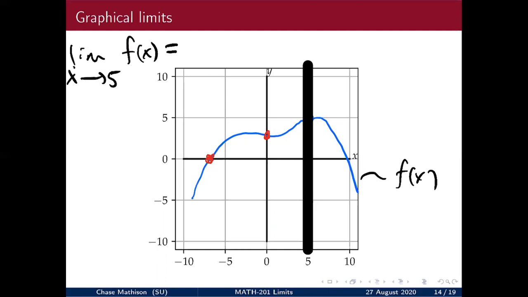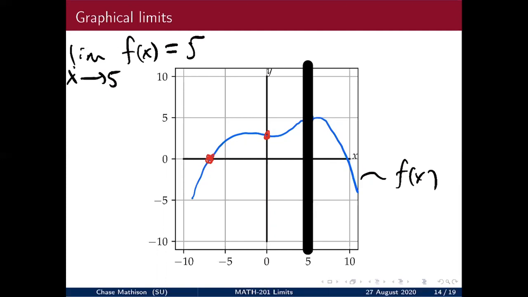And as we approach from the left, it also looks like it's approaching 5. As I approach from the right, it looks like it's approaching 5. So from our definition of a limit, just what happens as x gets really, really close to 5? The answer is 5, okay?